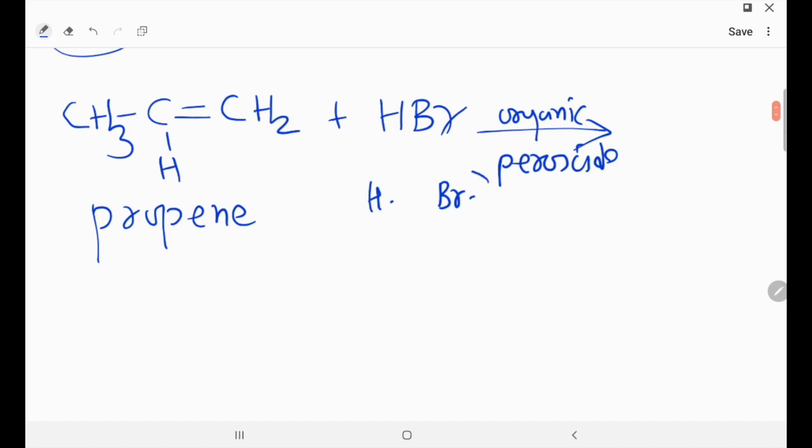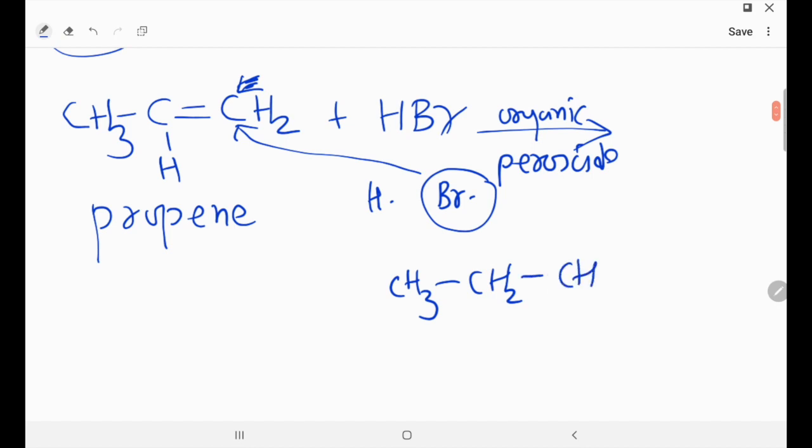So you will add this Br radical on the less substituted carbon, on this particular carbon. So your product will be CH3, CH2, Br, known as 1-bromopropane.